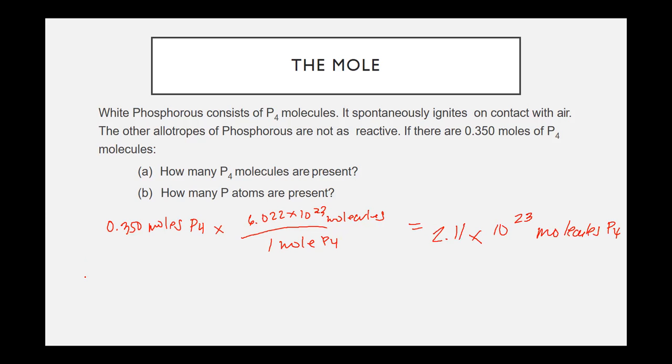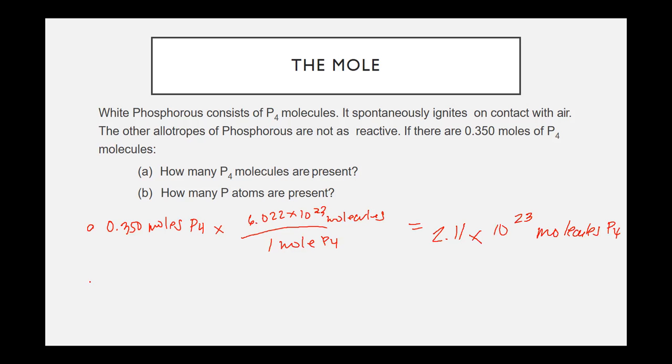Pinapahanap sa atin kung ilang atoms ng phosphorus ang present. So for letter B, since na-compute na natin ang molecules ng P4, we will use that 2.11 times 10 raised to 23 molecules.